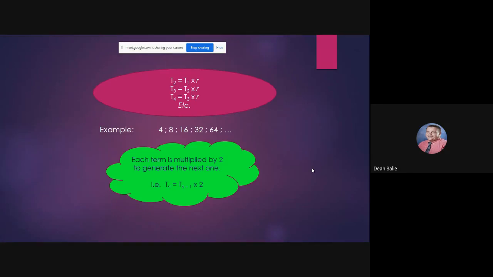If it's smaller than 1, we have the case where the terms actually become smaller themselves. So if we have 16 and my common ratio is a half, then we're going almost backwards from this. The first term will be 16, then 8, then 4, then 2, then 1, then a half.